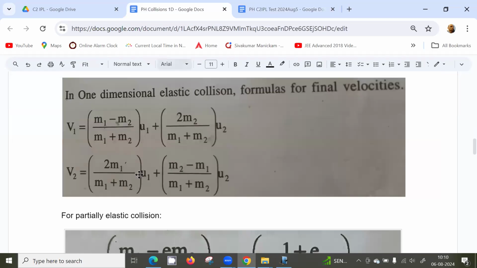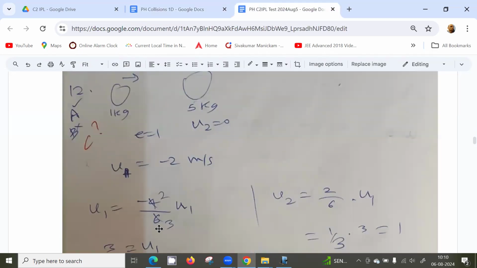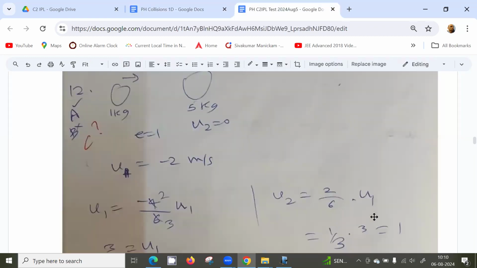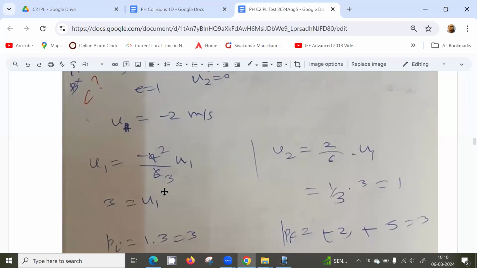The first one is the difference of the masses, -4, by the total mass 6, into U1. So only V2 is twice the first mass by total mass, 2 by 6, into U1. So I got the final velocities of both V1 and V2.